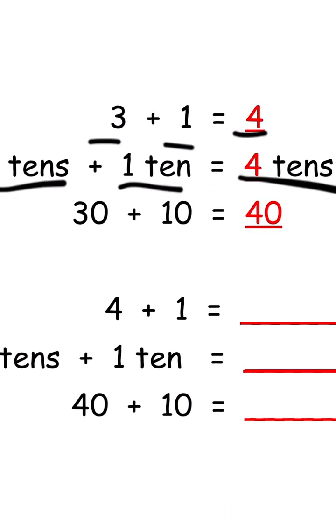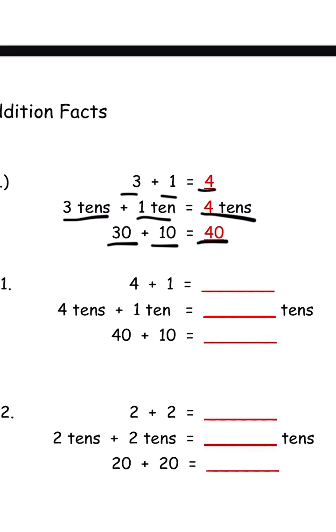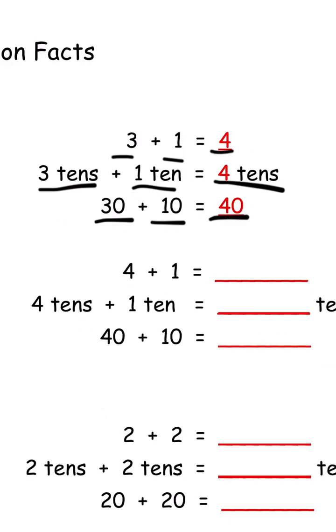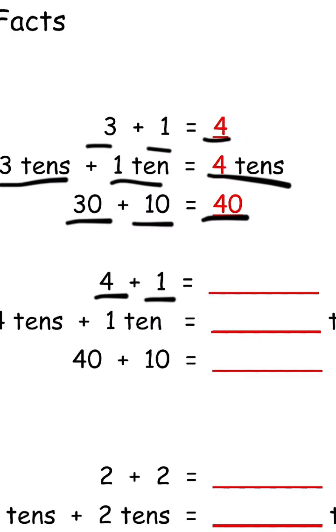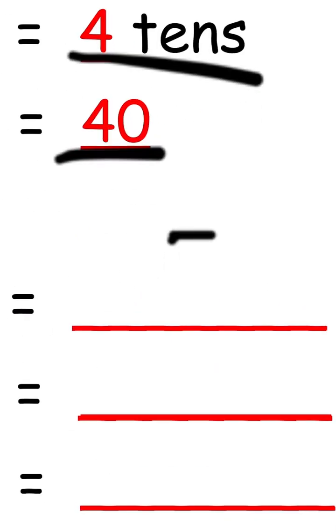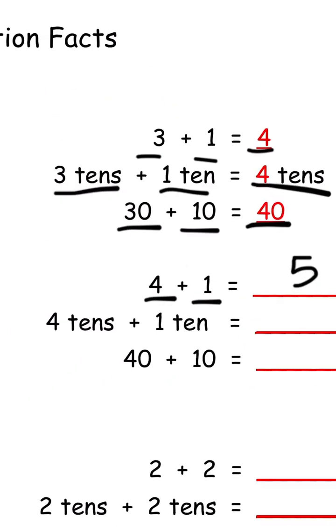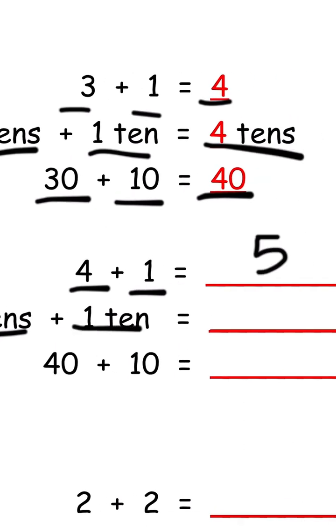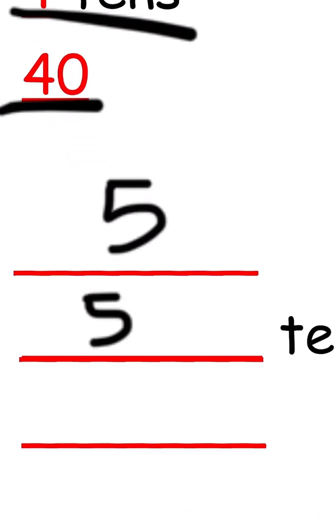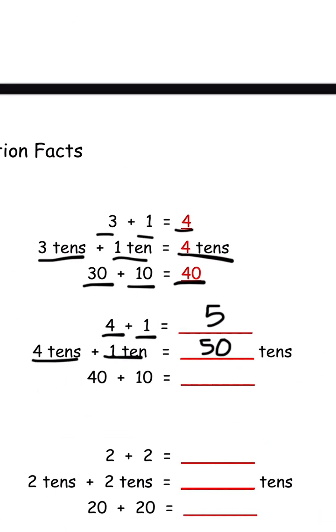And then if we write that in numbers, 30 plus 10 is 40. Okay, let's try number 1 then. So 4 plus 1 is what?